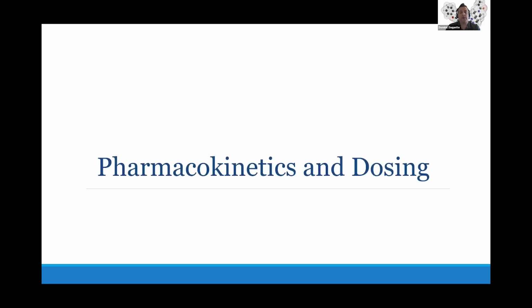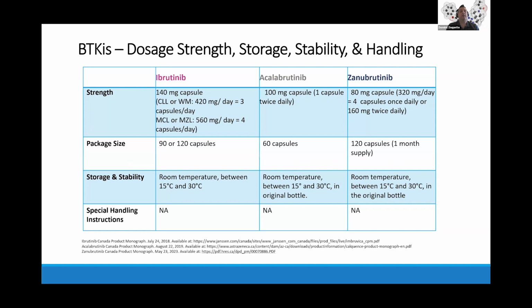Now, about pharmacokinetics and dosing. So ibrutinib is in 140 milligram capsules. You take 3 a day, once a day. For MCL and MZL, it's 4 capsules a day. For acalabrutinib, it's 100 milligram capsules, so it's 1 capsule twice daily.